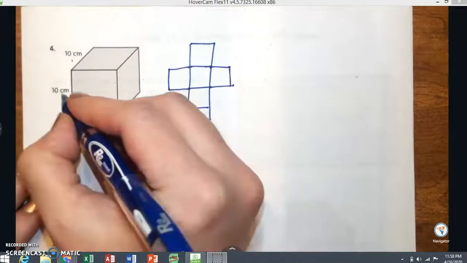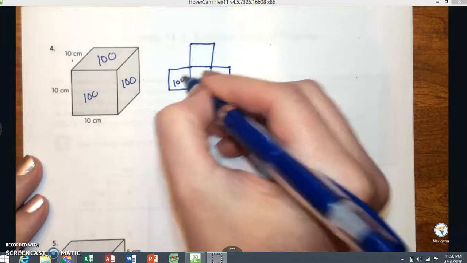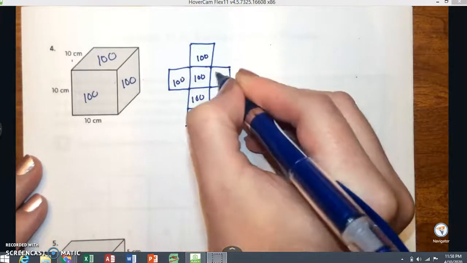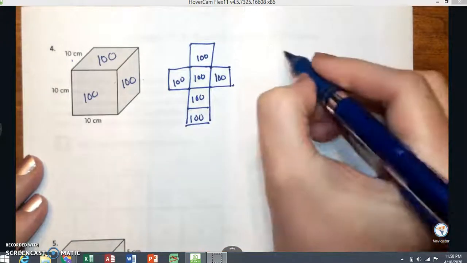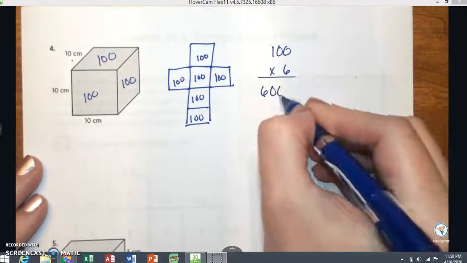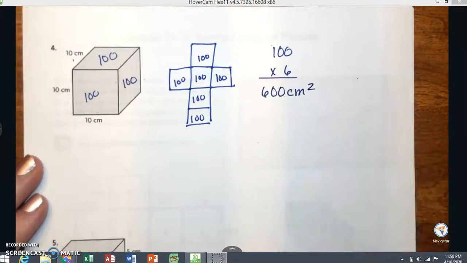So that means I'm saying 10 times 10 to get 100. So that means each side is going to be 100. So to get my surface area, I'd just take 100 and multiply by 6 to get 600, and that is centimeters squared.